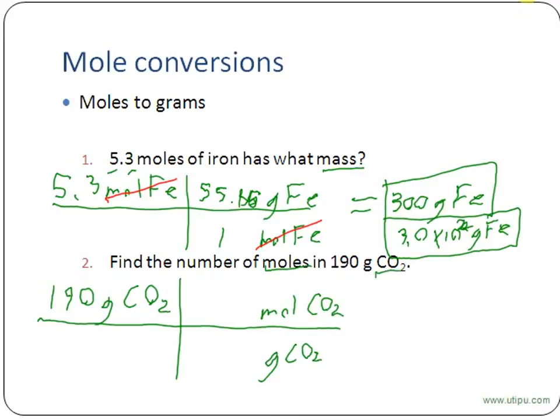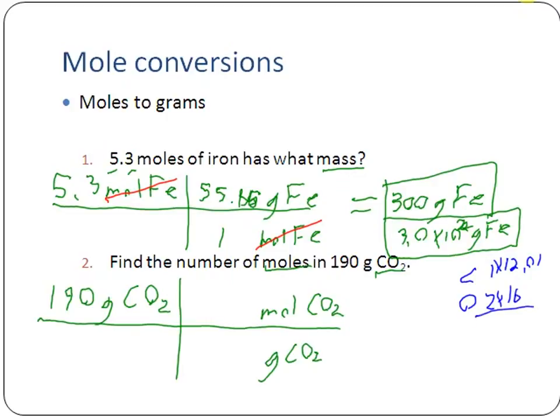CO2 is a molecule, so we're going to have to figure out what the molecular mass of CO2 is. Well, sort of setting this up, we know that we have 1 carbon, so we have 1 of those. And oxygens, we have 2 of those. Carbon has a mass of 12.01. Oxygen has a mass of 16.